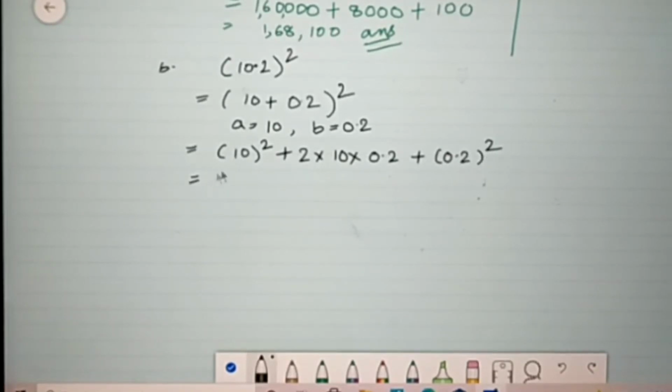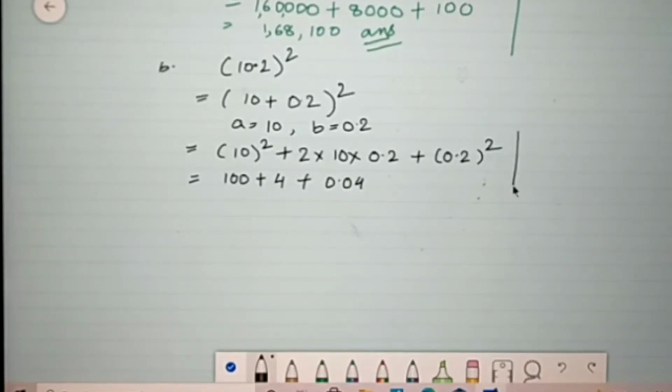Now we solve. Square of 10 is 100. Then 2 into 10 into 0.2: 0.2 into 10 is 2 and 2 2s are 4. And 0.2 whole square is 0.04.